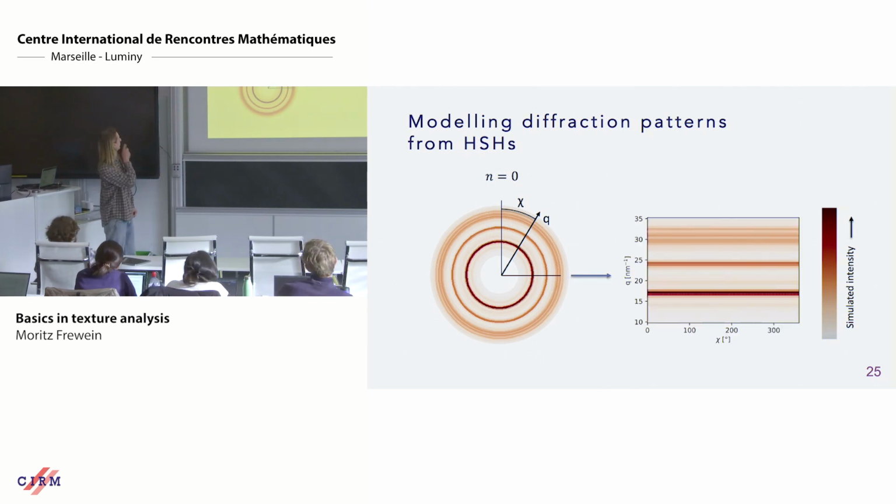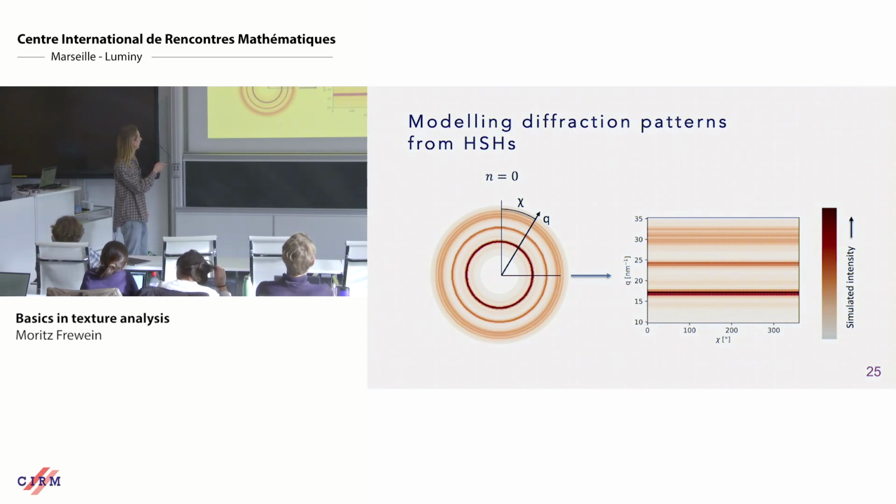This is just to show you how we translate from this representation to this representation, where we azimuthally bin and give the same weight to every angle on the diffraction pattern.